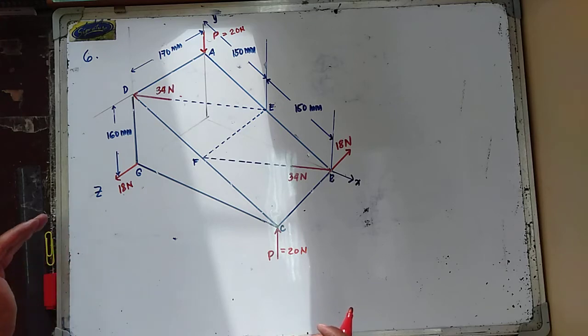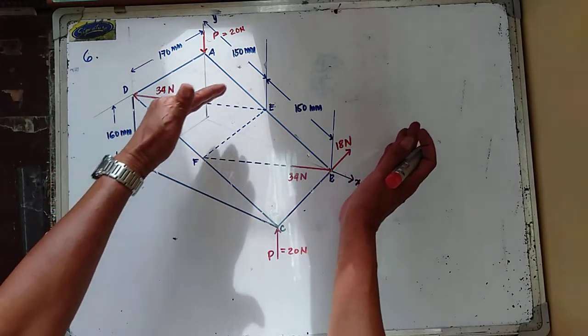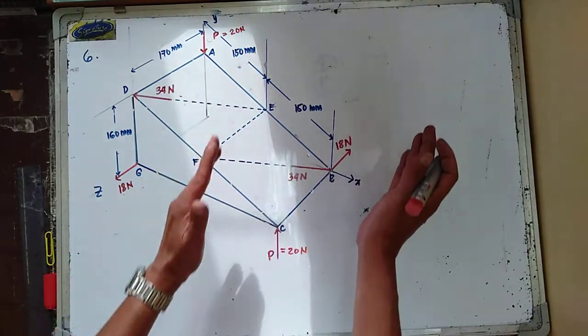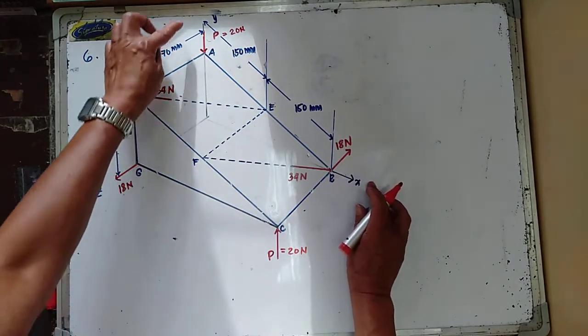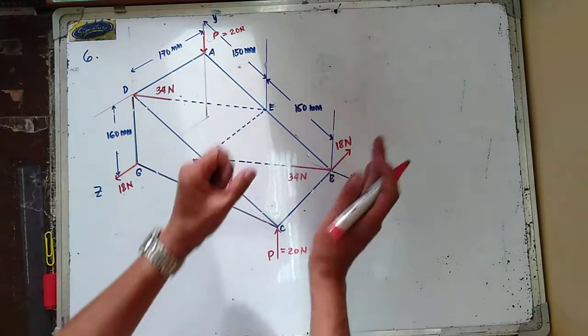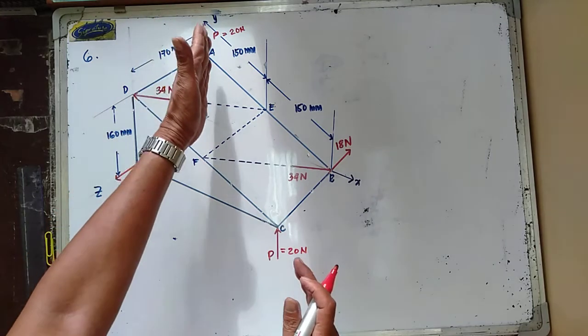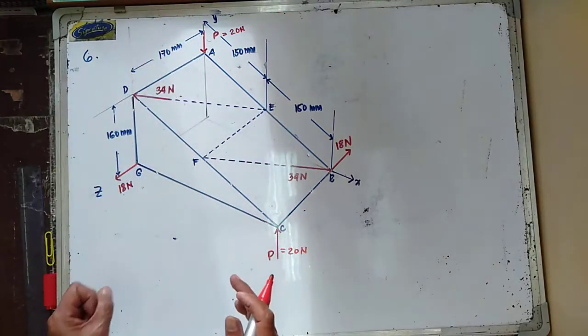So first, if you take a look in here, the 18 kilonewton is parallel to the z-axis. This is the x-axis, this is the y-axis, and this is the z-axis. So they're parallel to the z-axis, and your P is parallel to the y-axis.